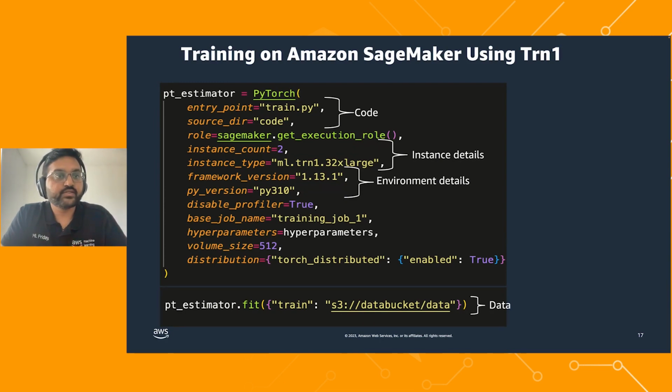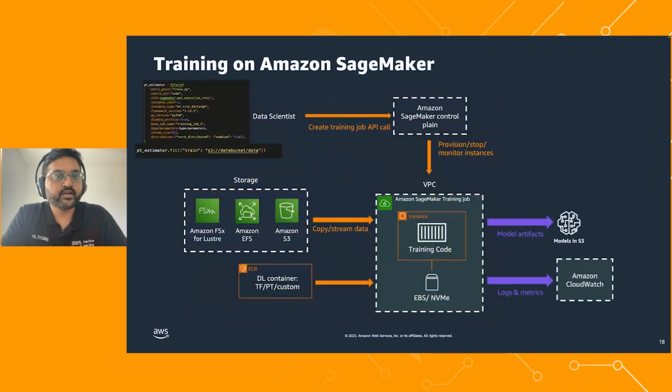So behind the scenes, when we submit the estimator.fit, SageMaker is going to launch a cluster with Trainium instance. It's going to copy the training code from S3 into that instance, and it's going to copy the data from S3 into the training instance. It also copies the neuron containers that we provide that can be used on Trainium instances into the instance.